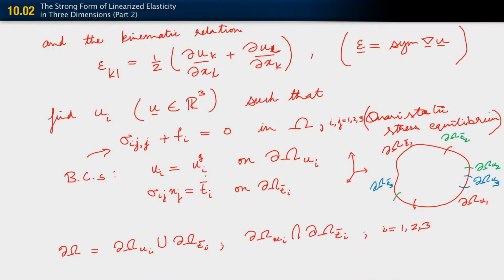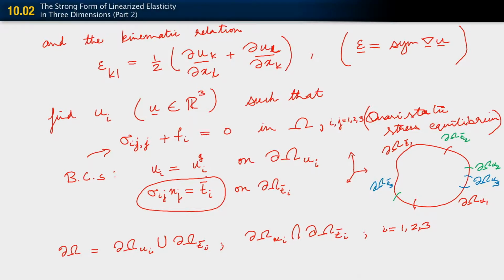So U1 is specified on the maize part of this football, and the corresponding traction component, which would be obtained through this relation, the corresponding value of T bar 1, right, when we're talking of this.